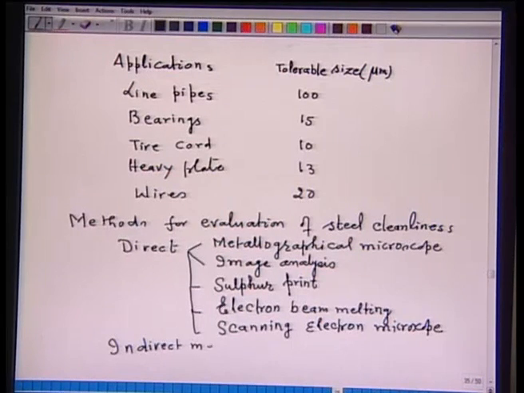In the indirect methods, one can determine total oxygen, and from the total oxygen and the presence of oxide forming element, one can determine the approximate number of inclusions. Also one can do nitrogen determination, and from there one can determine the number of inclusions. So, these are the methods for evaluation of steel cleanliness.